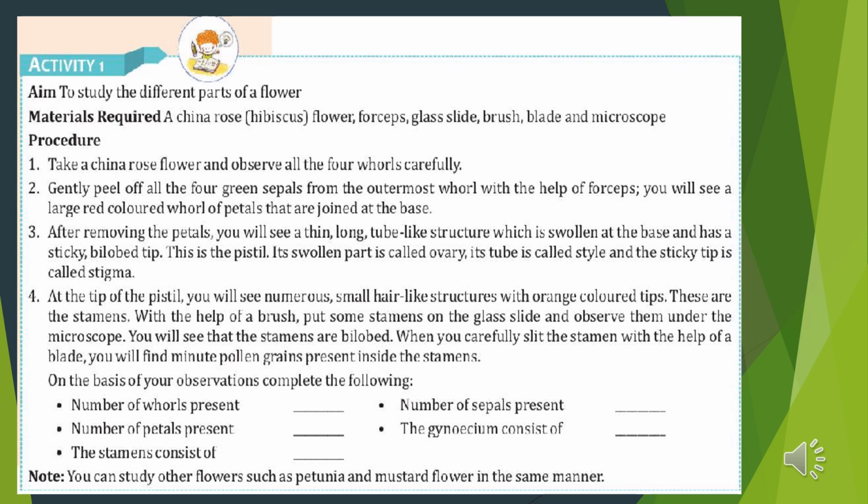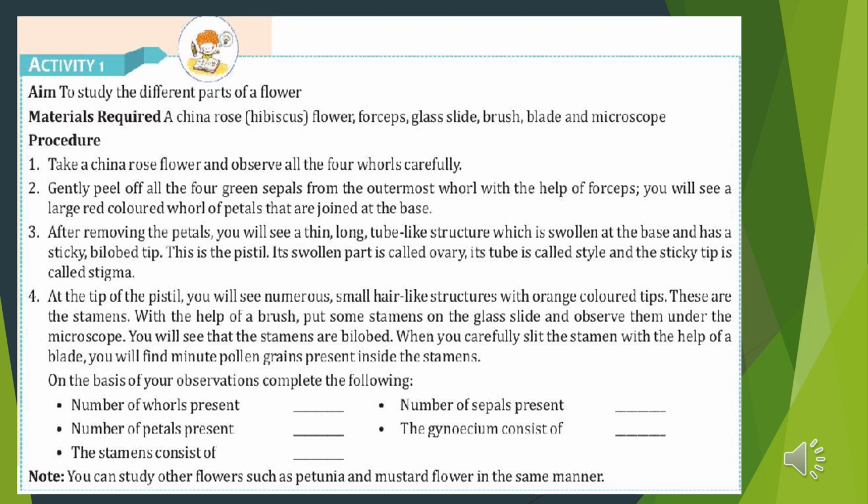This is activity 1. This activity, students, you can try at home. You only need a China rose. China rose means hibiscus. In Hindi we say it gudhal flower. You can take a hibiscus flower and observe the parts of the flower in it, like sepals.